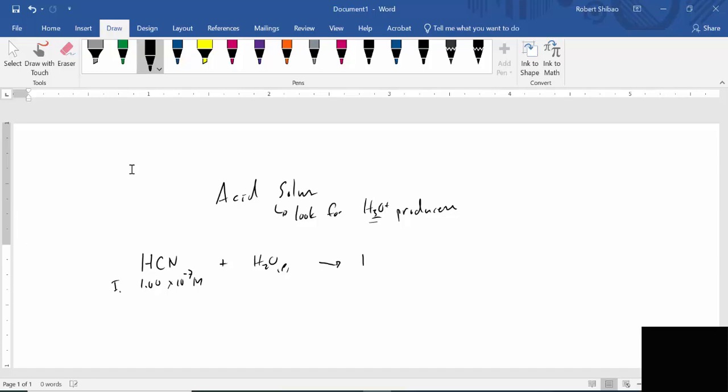But acid plus water makes hydronium and the conjugate base, cyanide. And so this is what we call our Ka equation. The Ka equation is going to be hydronium times cyanide divided by the HCN.